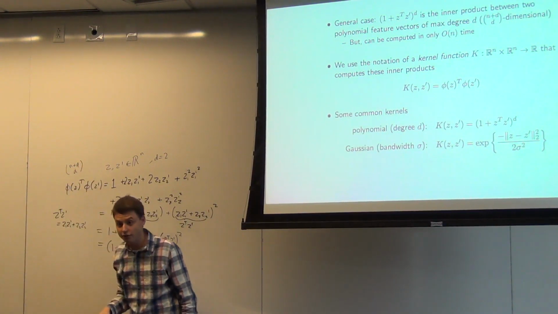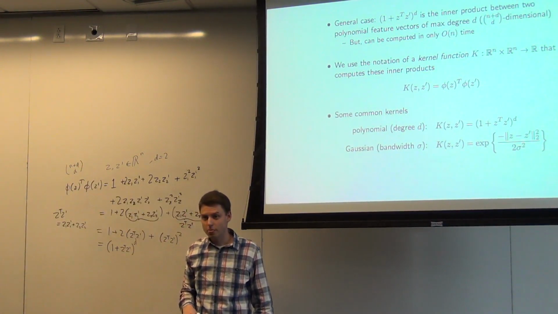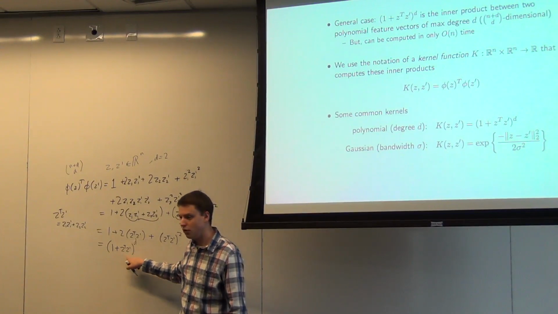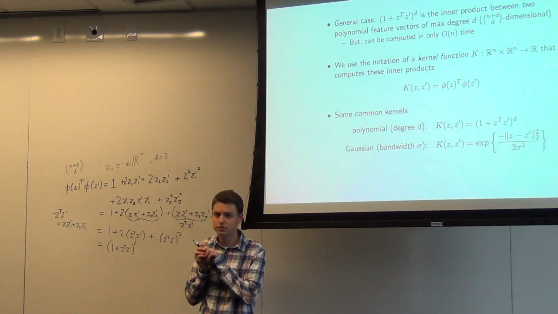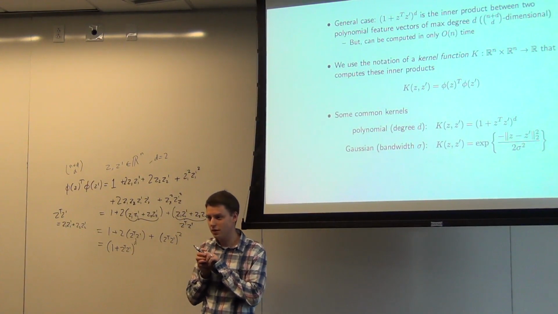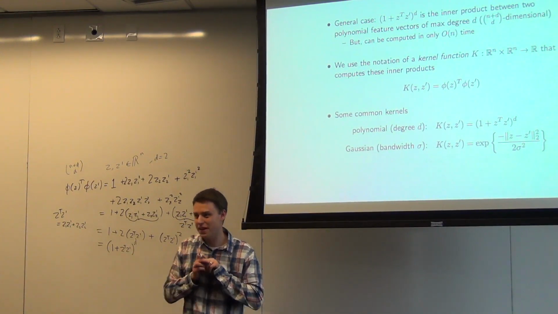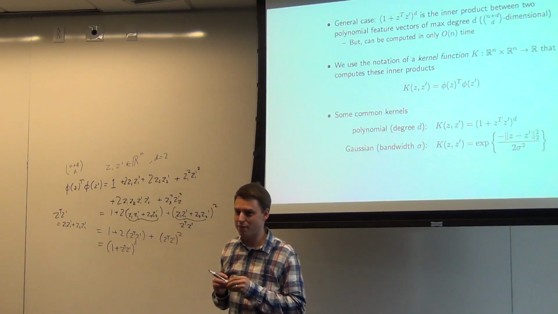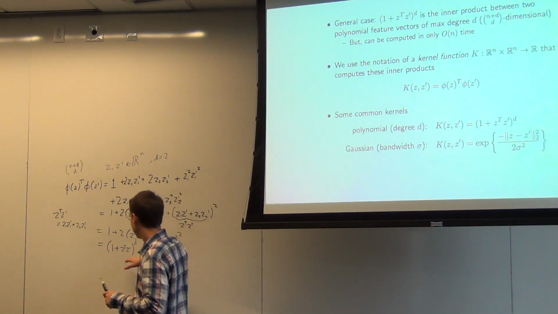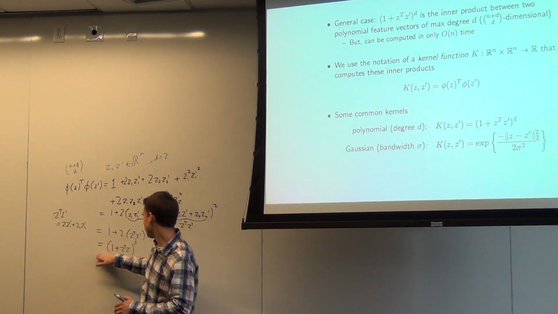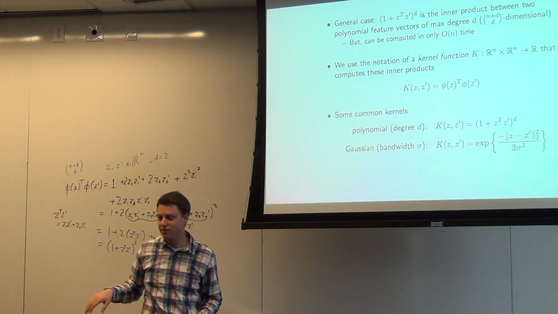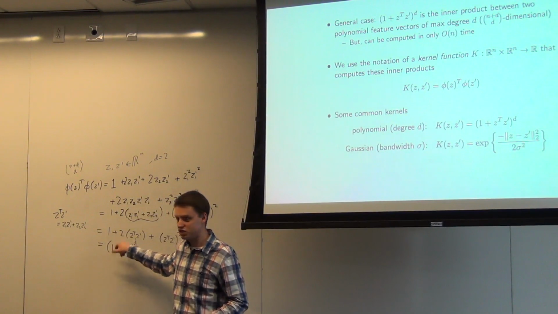That would be a lot of different terms. But we're computing it by just computing an inner product between the two original feature vectors. So that's a big savings of computational time and space. We're not worrying about writing these things out. We're just going to compute the inner product first and raise it all to the d.